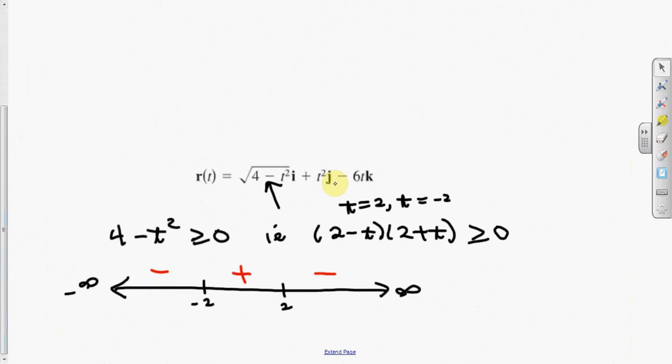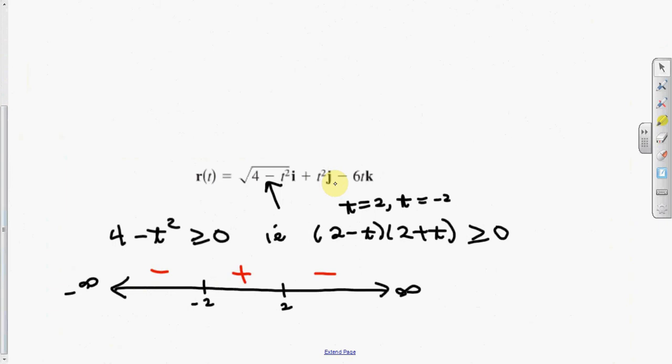No concern about the cube roots, because they maintain their sign. Negative goes to negative, positive goes to positive. And then also there's restriction with, say for example, trigonometric functions. If it's 1 over 0, then we have something that's said to be an asymptote, or basically undefined at that value, but it may be asymptotic.